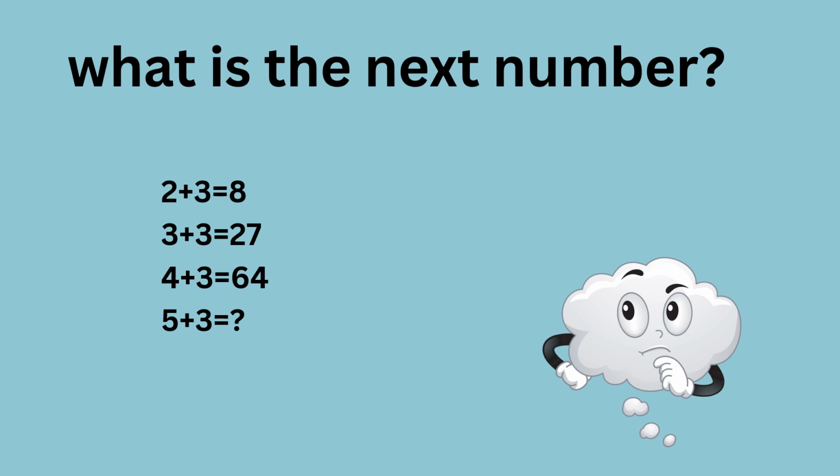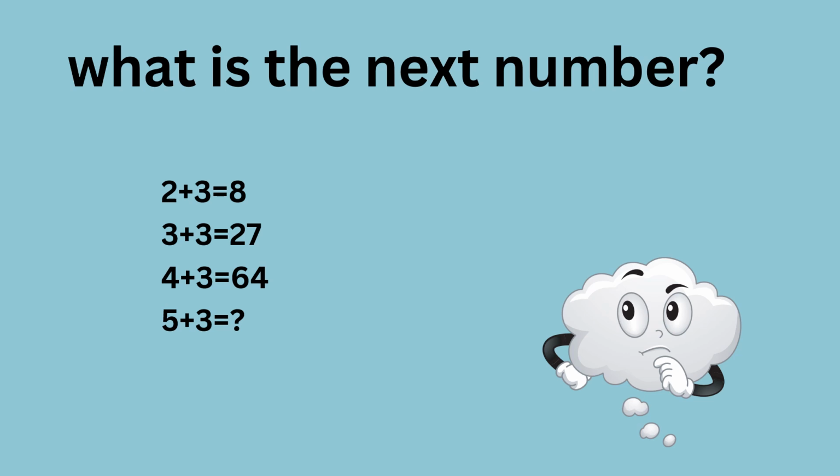There might be different reasons for this, and you might find these things in different ways. But the way I will tell you for this question, most of them have their own ways, but this question has, if we see this, 2 plus 3 is 5, but we are going to get 8.